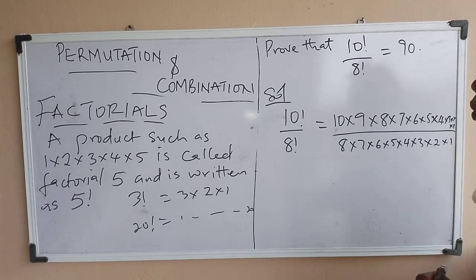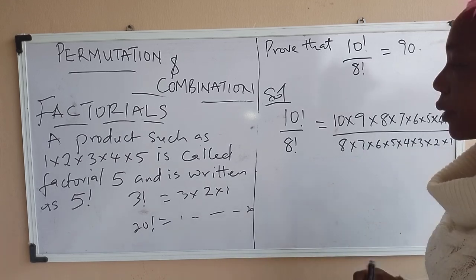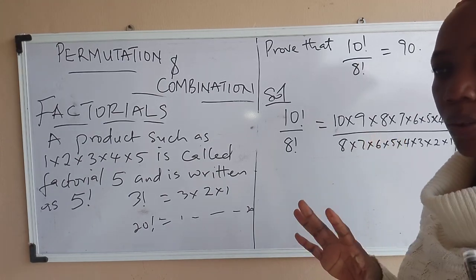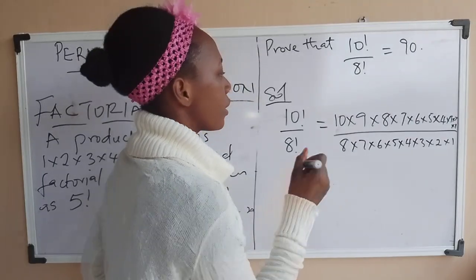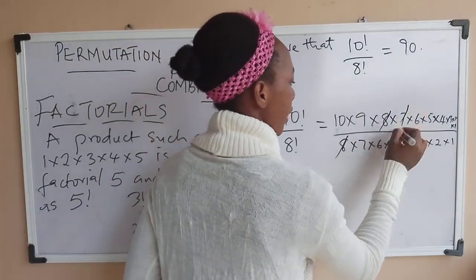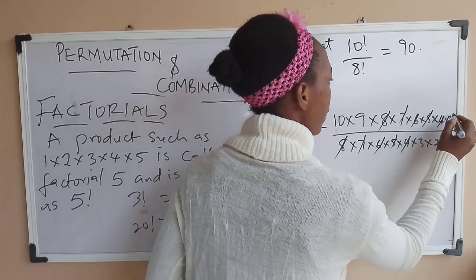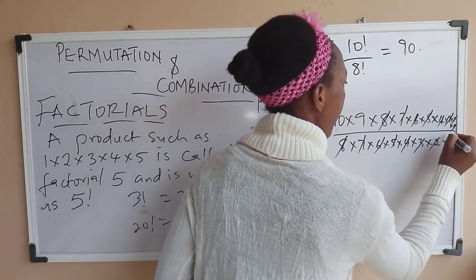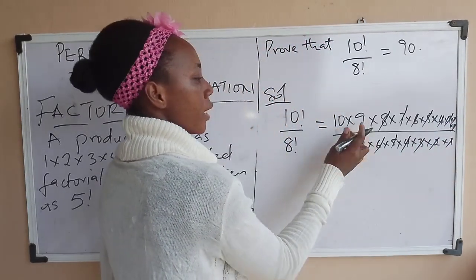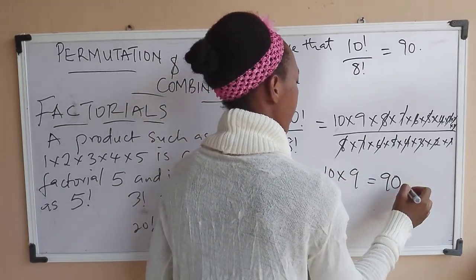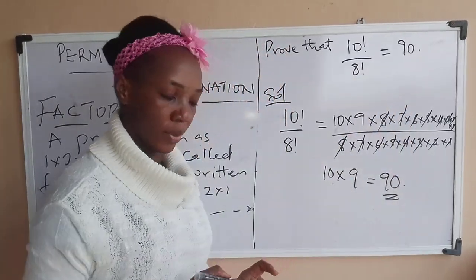Do you get that? So from here, we're going to be striking out what we can find in the numerator and the denominator. Is that okay? So I'll strike 8, strike 7, strike 6, strike 5, 4, 3, 2, and 1. So what am I left with? 10 times 9, and that will give me 90. Can you see we have proved that?